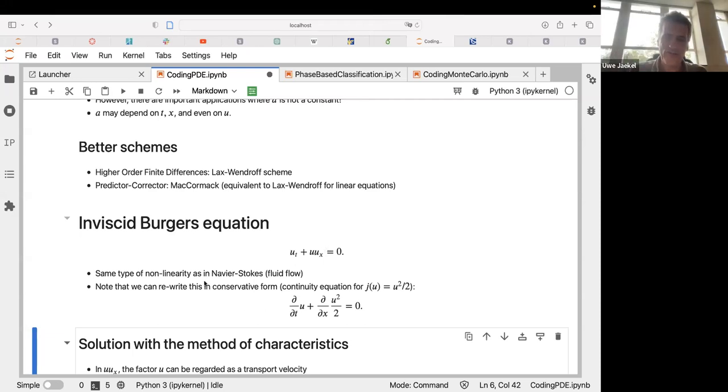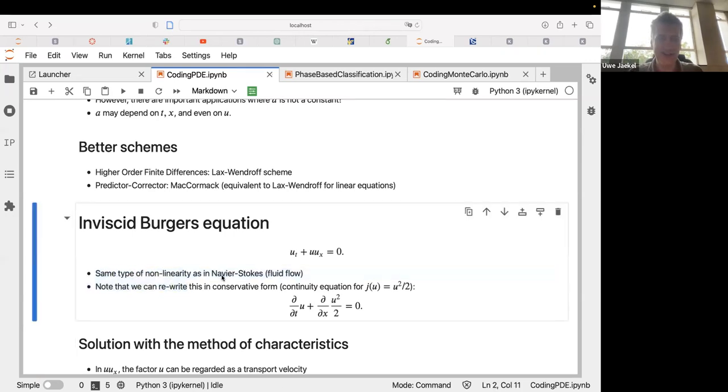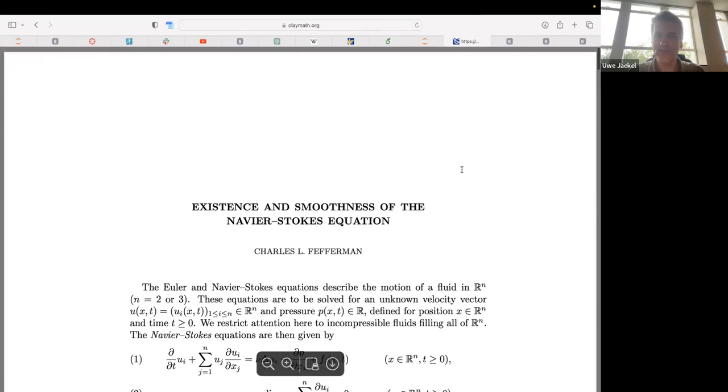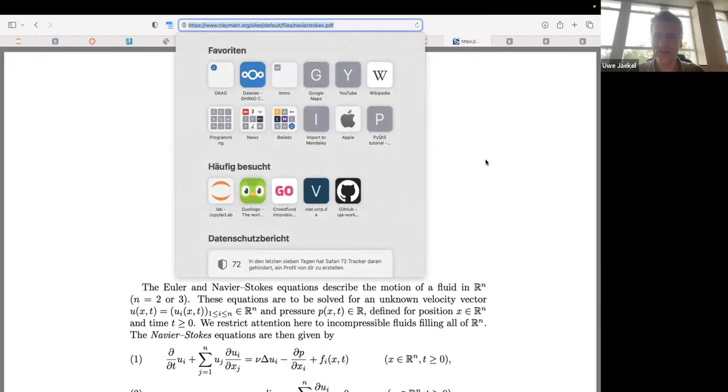One of the reasons why this is important is that it contains the same type of nonlinearity as the Navier-Stokes equations in fluid flow. And it might be a good idea to have a short look at the Navier-Stokes equations. I'm back on the Clay Math website.